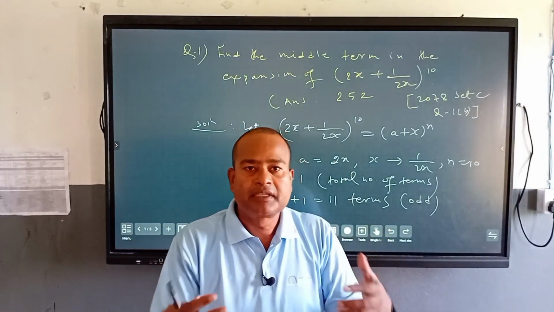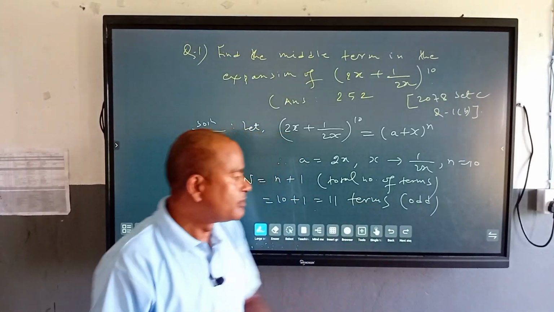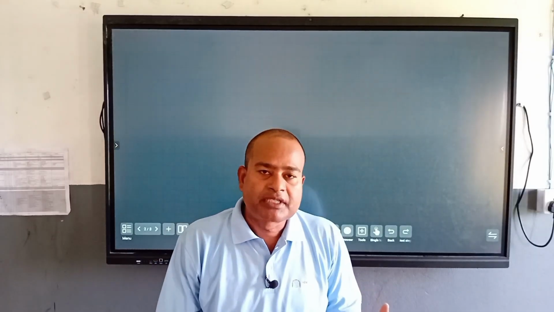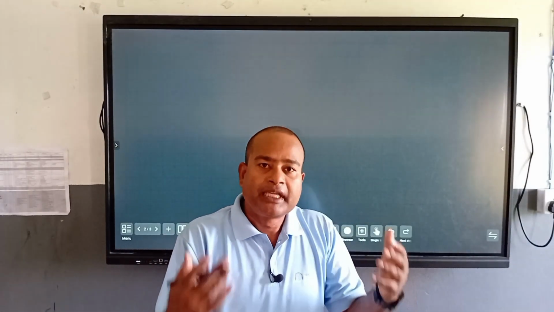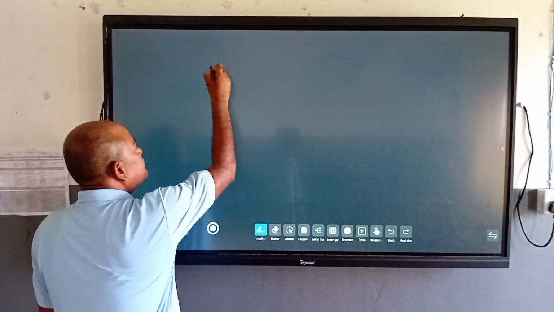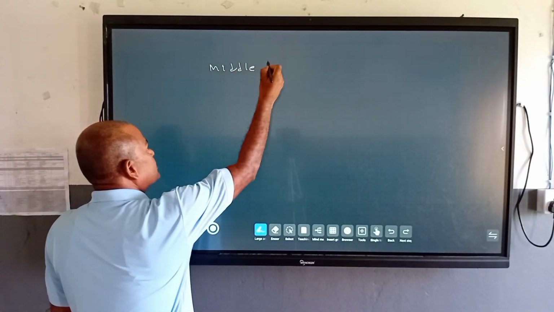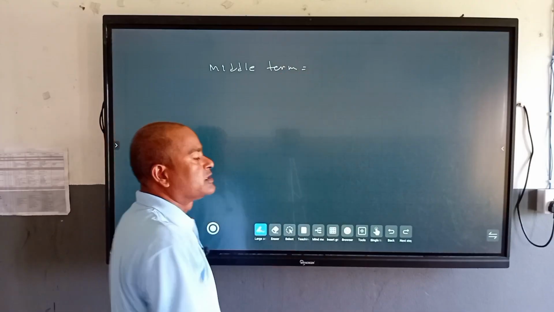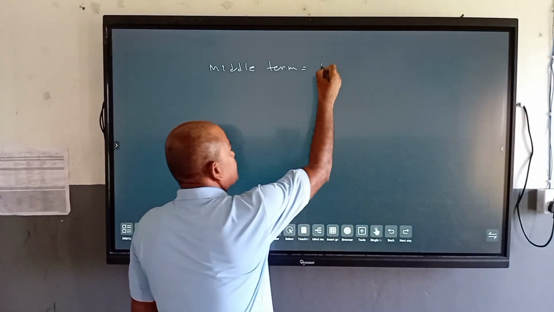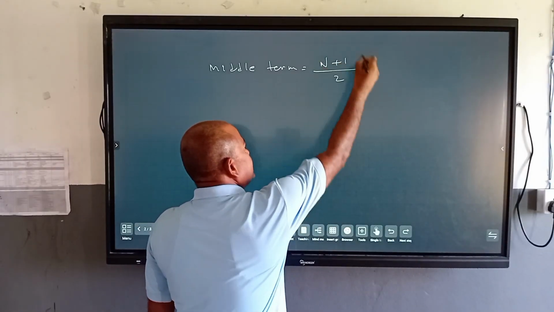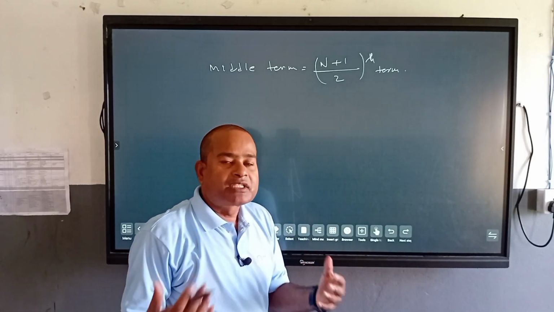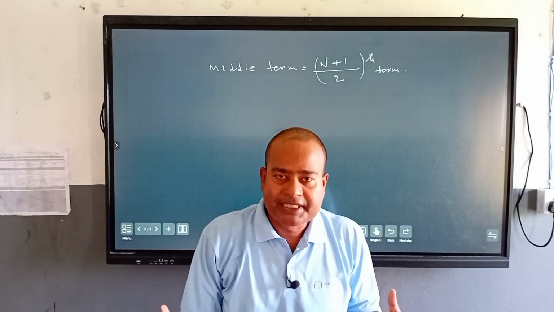Let's use the formula now to find the middle term of the given binomial expansion. Dear students, we know that the formula of the middle term when the number of terms is odd is the (n plus 1) divided by 2 th term, which is the same as the formula of median in statistics.